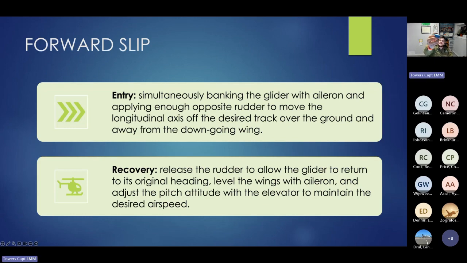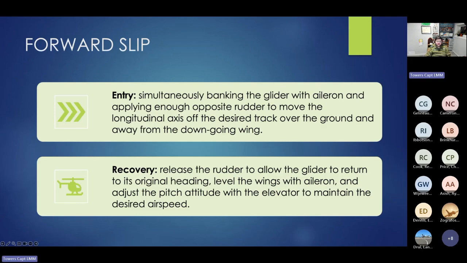To recover, you just release the rudder, because it's not really a natural position for it to be locked like this. It naturally wants to straighten out. You just release the rudder to allow the glider to return to its original heading and level the wings, and then adjust the pitch attitude with the elevator to maintain your desired airspeed.